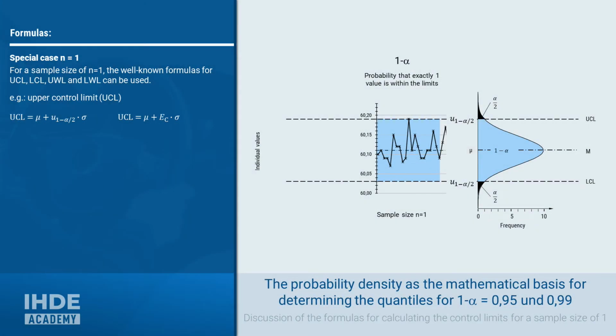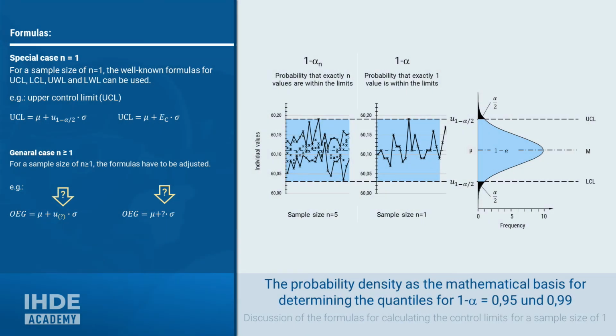The area of size 1 minus alpha is the probability that exactly one value will fall within the upper control and lower control limit. As can be seen in the formulas shown on the left, the values for the control limits can be calculated with the quantiles of the standard normal distribution or with the EC factor. The same applies to the calculation of the control limits for larger sample sizes.